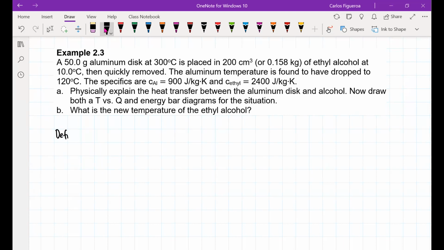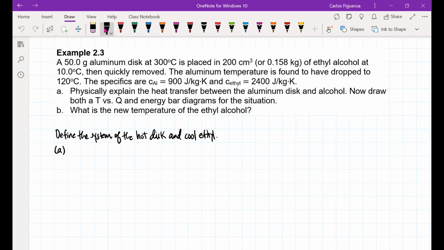Define the system of the hot disk and cool ethyl alcohol. So with that in mind, here we go.